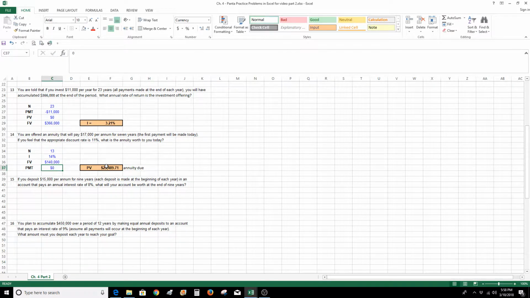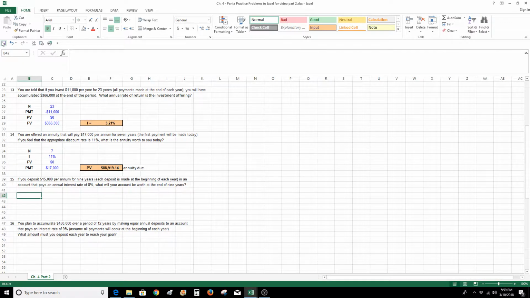Will pay $17,000 per year for 7 years, 11%, and just change that to a negative. So that tells me that the present value is $88,919.14.